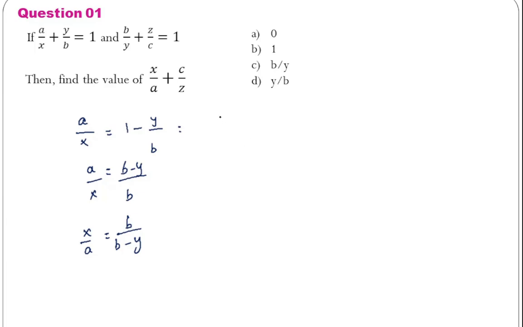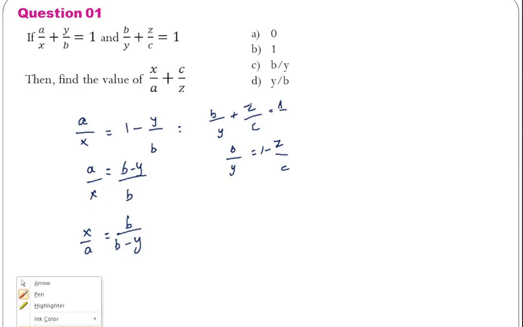Similarly, b by y plus z by c equal to 1. Then b by y equals 1 minus z by c. Sorry, we need to find z by c, so we have to keep z by c on the left side.